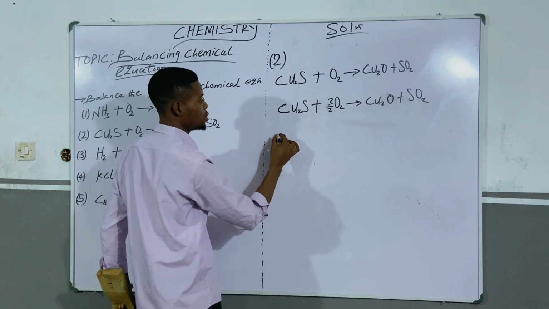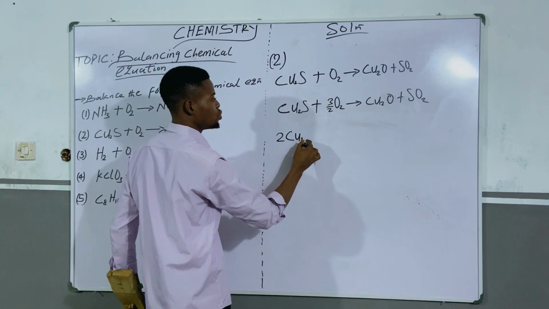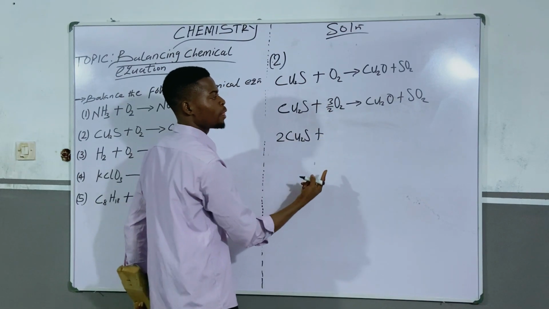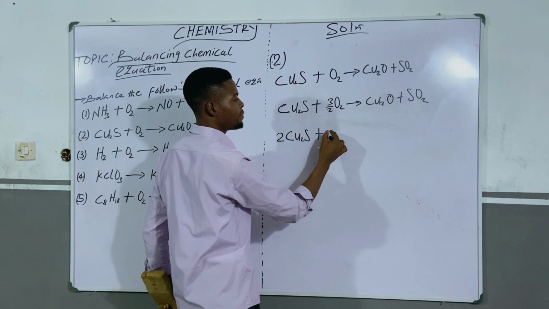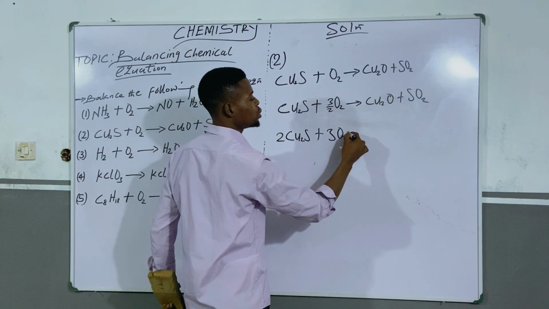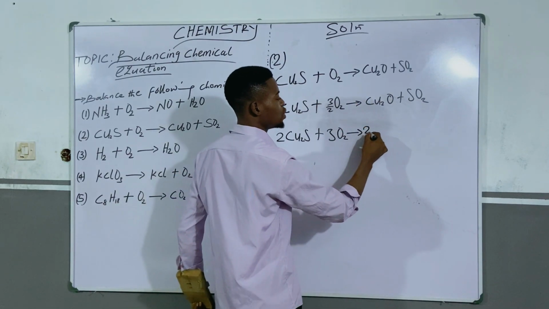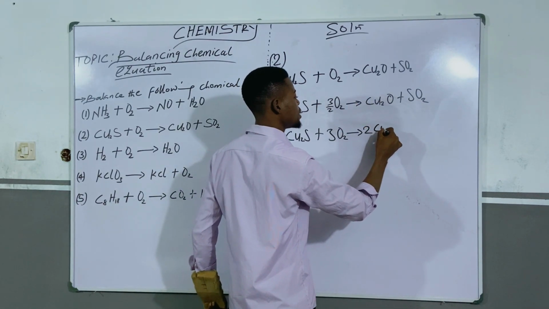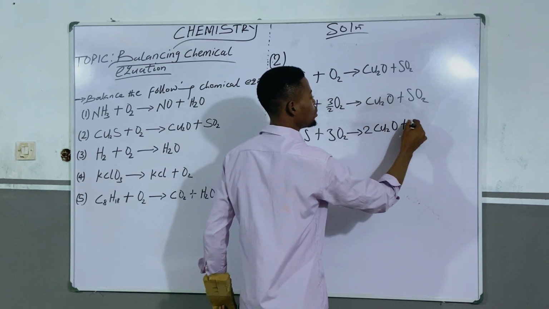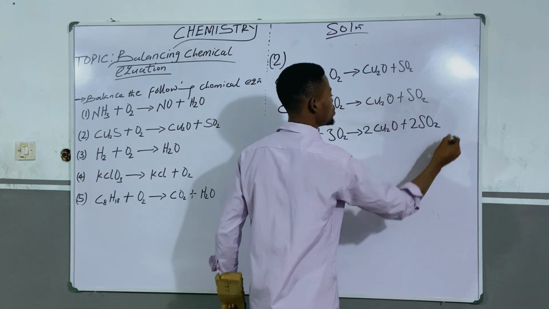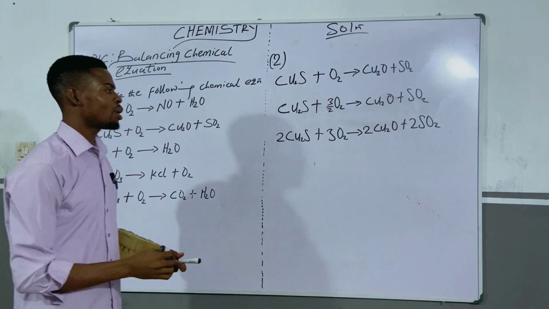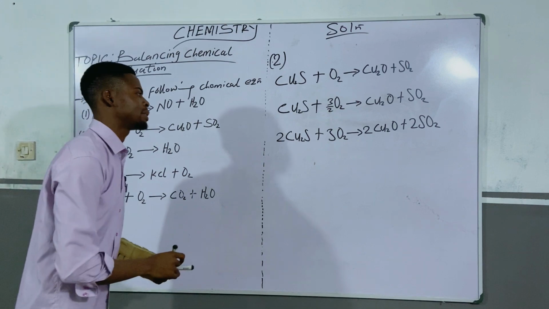So we are having 2Cu2S plus, 2 multiplied by this, we have 3O2 to give us 2Cu2O plus 2SO2. Okay, so oxygen is now balanced.